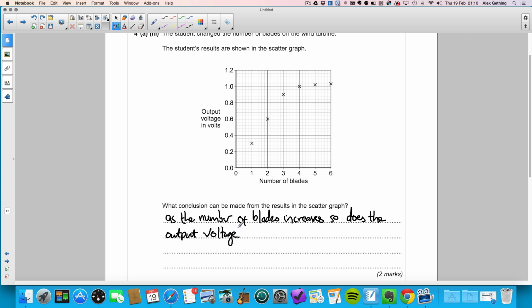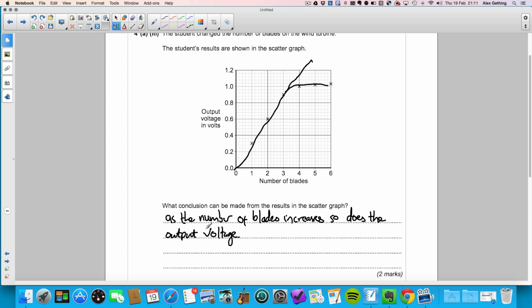Okay, but that's clearly not the full story, because when we get to this point, instead of continuing on like we might expect, we can see it's definitely plateauing off there. Okay, so we need to say something about that for our second mark.